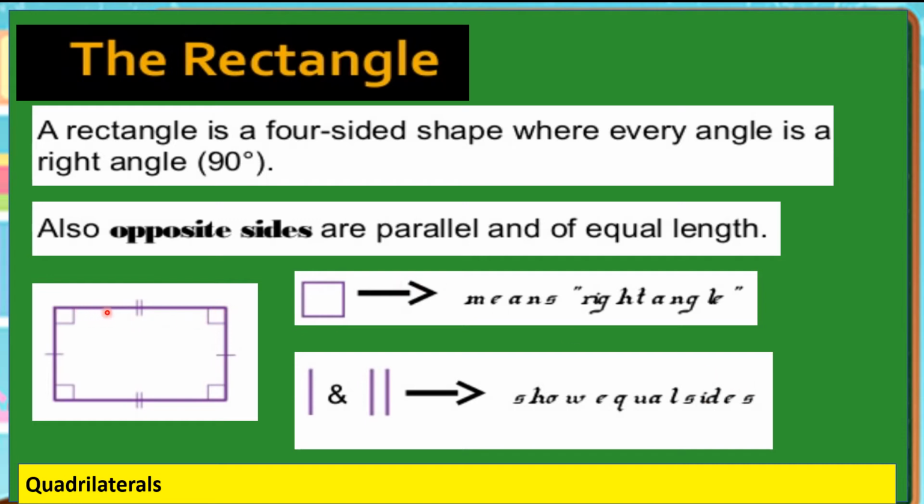So this line is congruent to its opposite side. Then this side is congruent to the opposite side. So this is an example of a rectangle with two pairs of parallel and congruent sides.